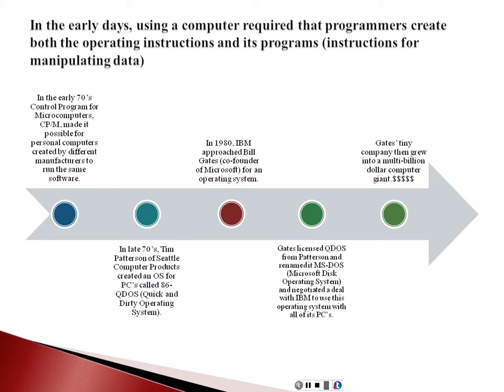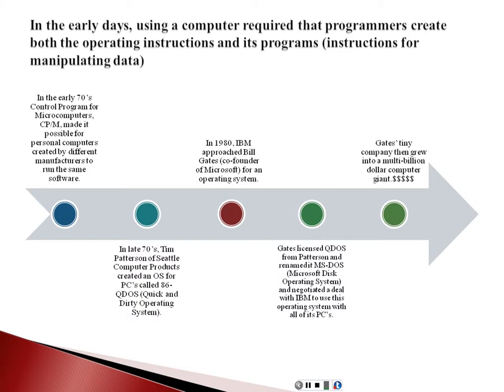Now, in 1980, IBM approached Bill Gates, and most everybody's heard that name, who's co-founder of Microsoft, and wanted an operating system for IBM PCs, personal computers. And so what Gates did, he licensed this QDOS from Patterson and renamed it MS-DOS for Microsoft DOS.